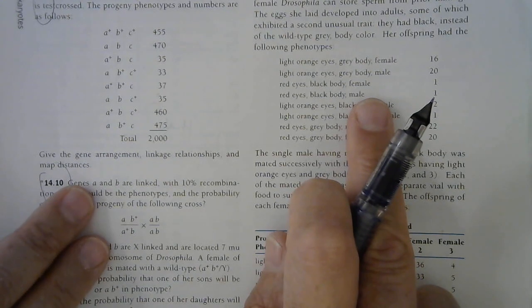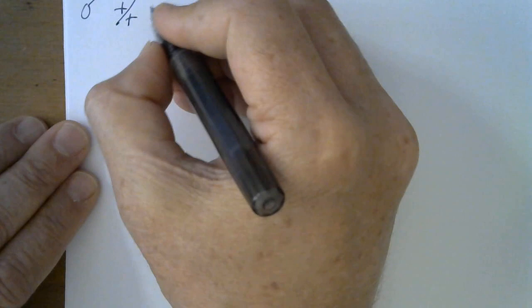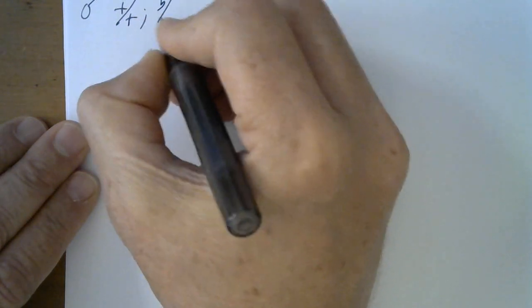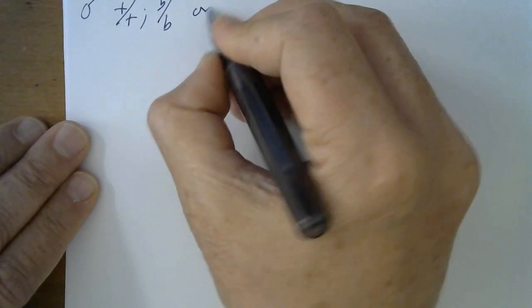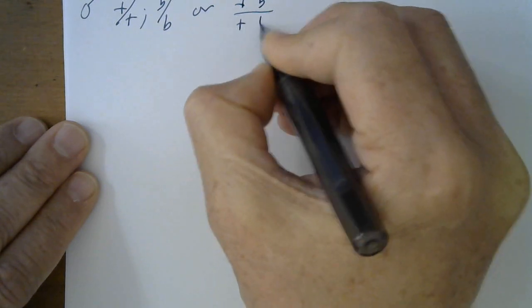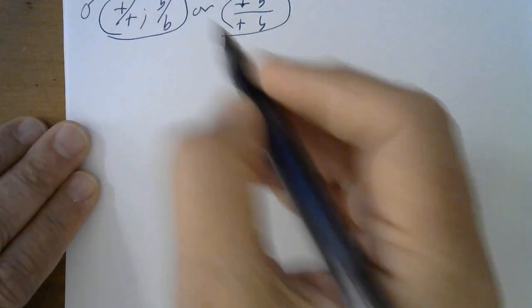So we know that the male, with red eyes and a black body, must be wild type at the O locus and black at the B locus. What we don't know is whether they're linked or not. So it could be this, or he could be this.